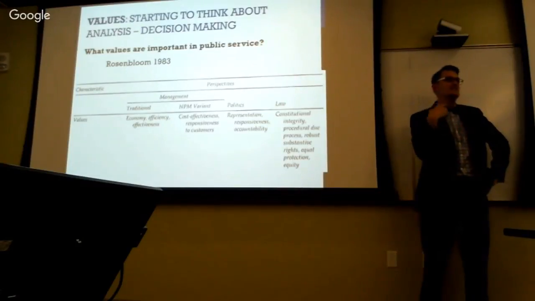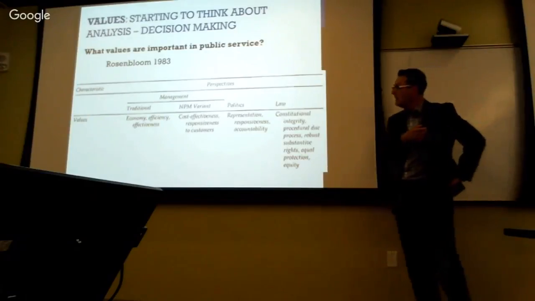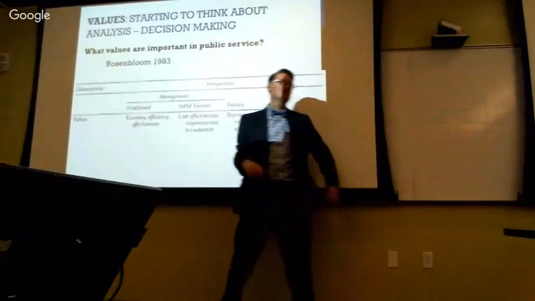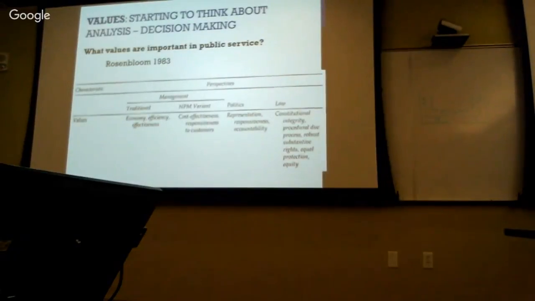You have access to these slides. This will be the second time that this table appears in your slides. But things like efficiency, we've already talked about, economy, effectiveness, absolutely. But there are other things we don't think about: responsiveness, representation, accountability, constitutional integrity, equity.